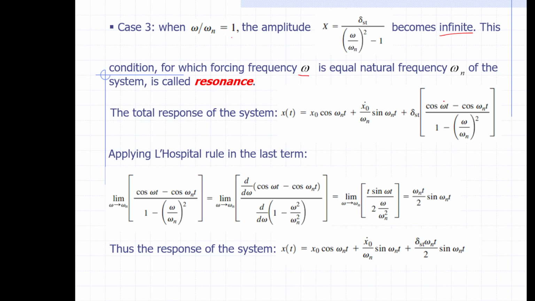And the total response of the system is rewritten to be this. So actually from here you can take the limit, omega approaching omega n. So finally you can have the final solution to be this one.